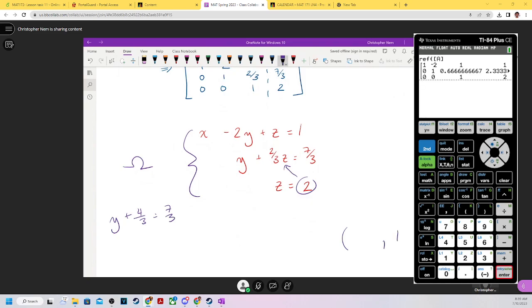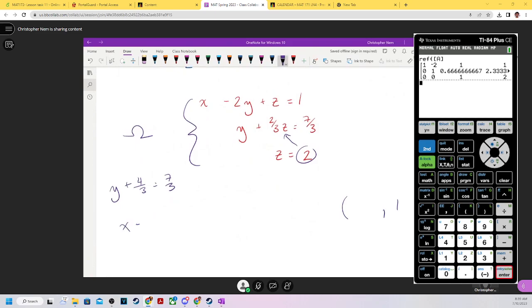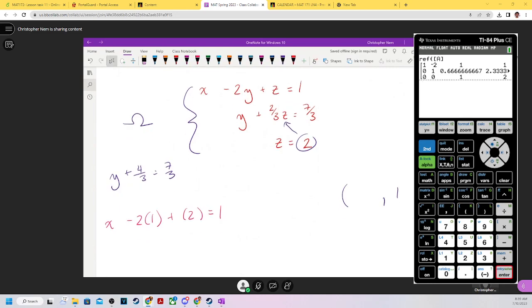And then if I plug that all into the first equation, I have x minus 2 times 1 plus 2 equals 1. And all I did was subtract 4/3 to the other side, by the way. If I solve this out, x minus 2 plus 2 equals 1. x is equal to 1. So I have my solution.